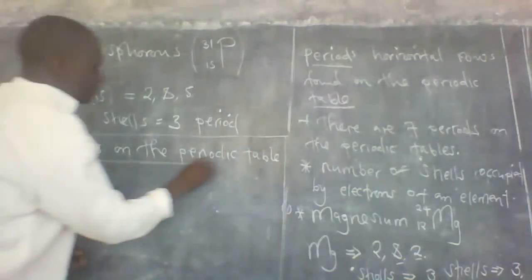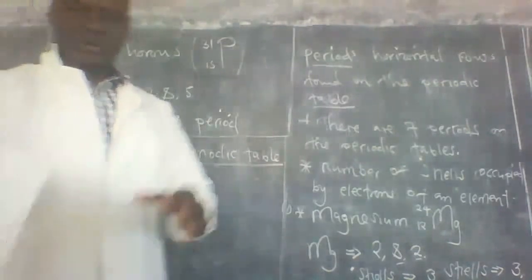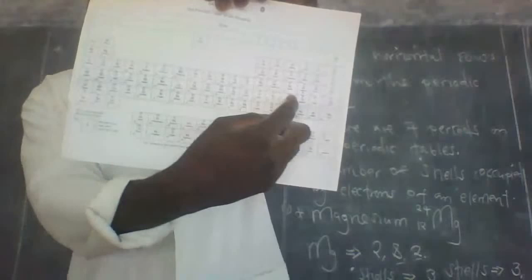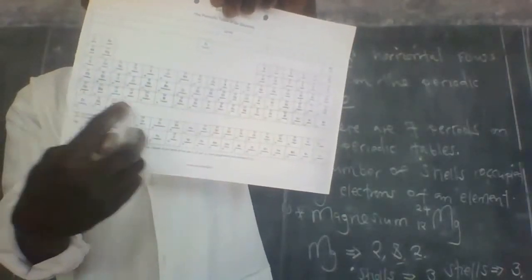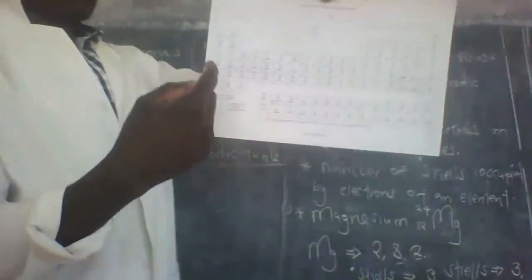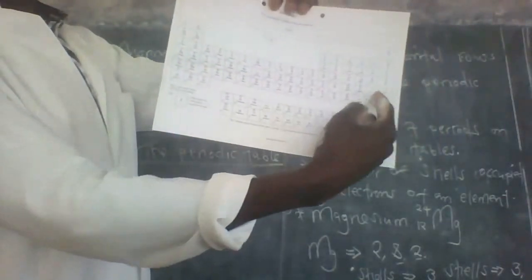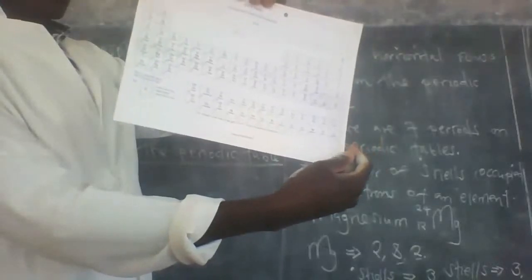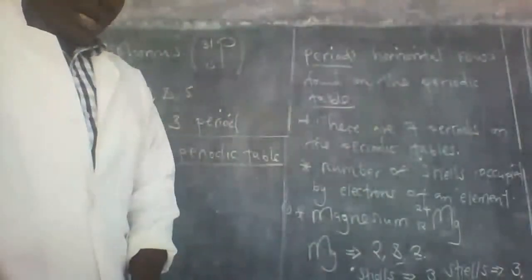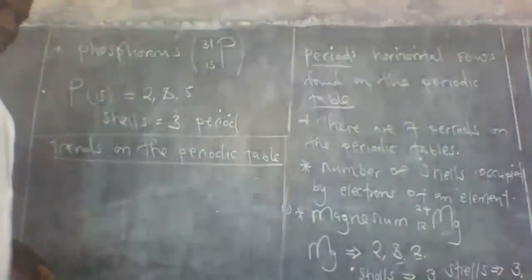Now these trends, we are talking about having this period, then moving from the left to the right. These are the periods: period 1, period 2, period 3, period 4, period 5. So now moving from the left to the right, what are the observations that you're likely to see within the elements?